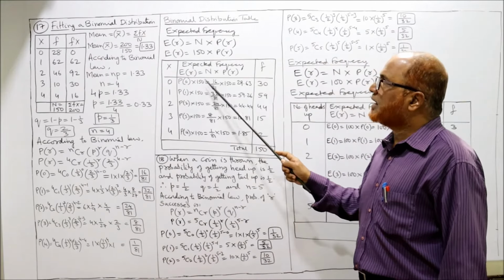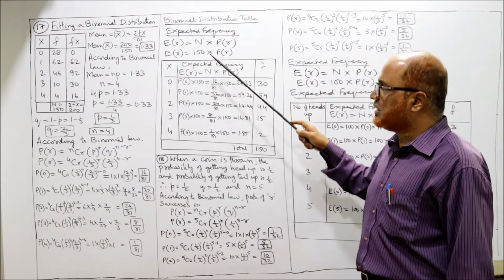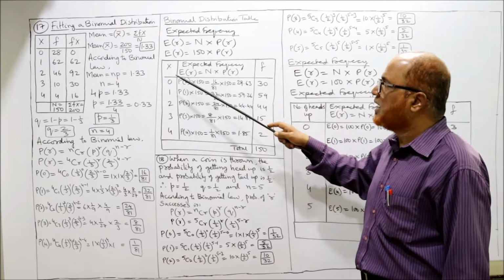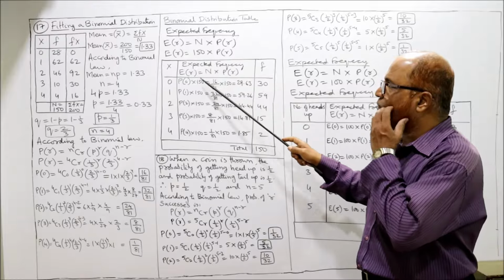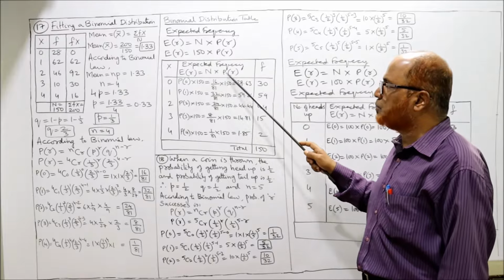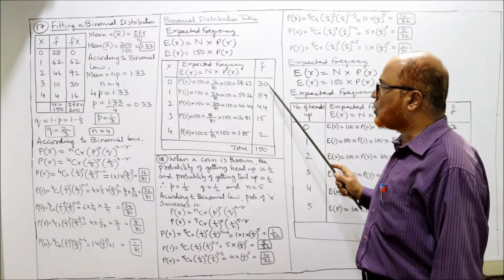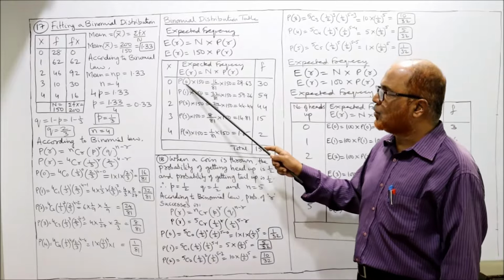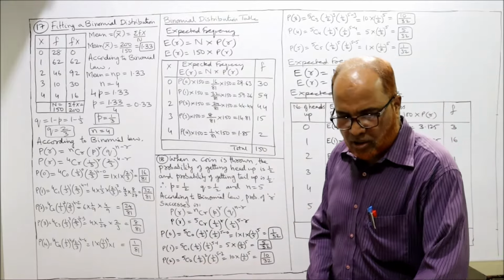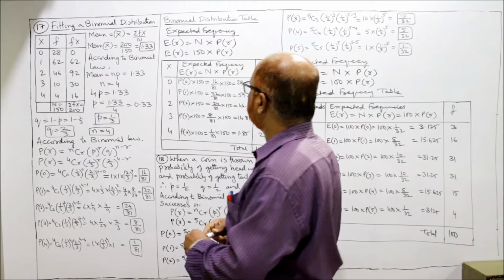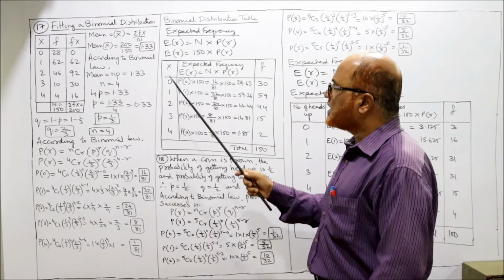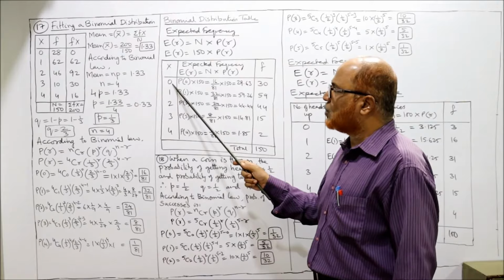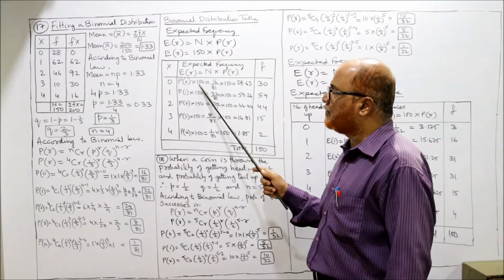Now we'll make an expected binomial distribution table. This table is called the binomial distribution table. X values 0, 1, 2, 3, 4. Expected frequency E of R, capital N into P of R, right? And the last column, frequency. Now E of 0 is P of 0 into 150, correct?